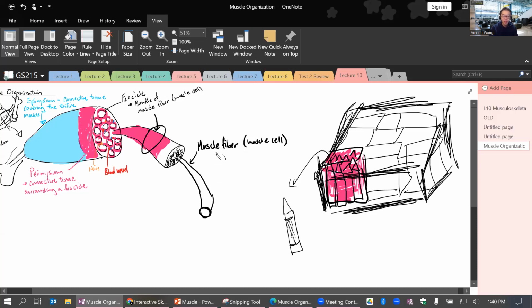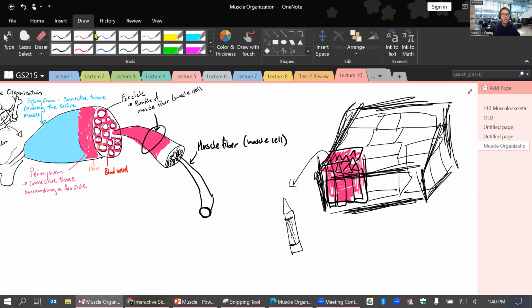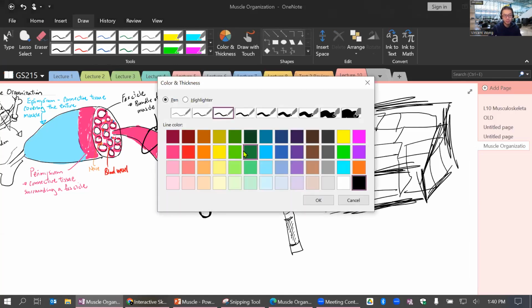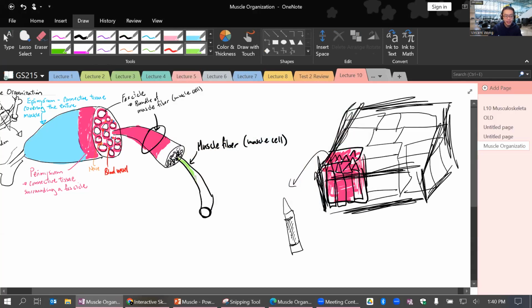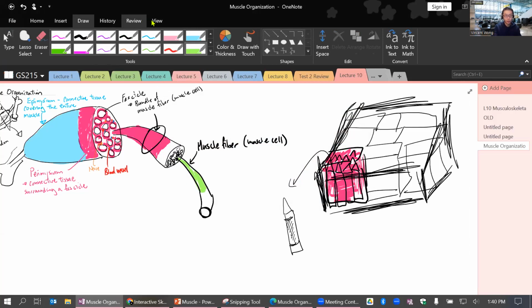Well, the muscle fiber, which in our analogy is the crayon, actually has another layer that goes around it, yet another layer of connective tissue.